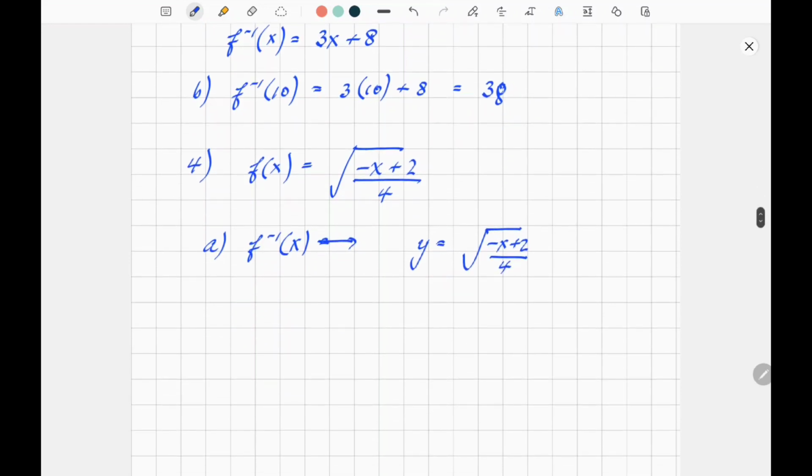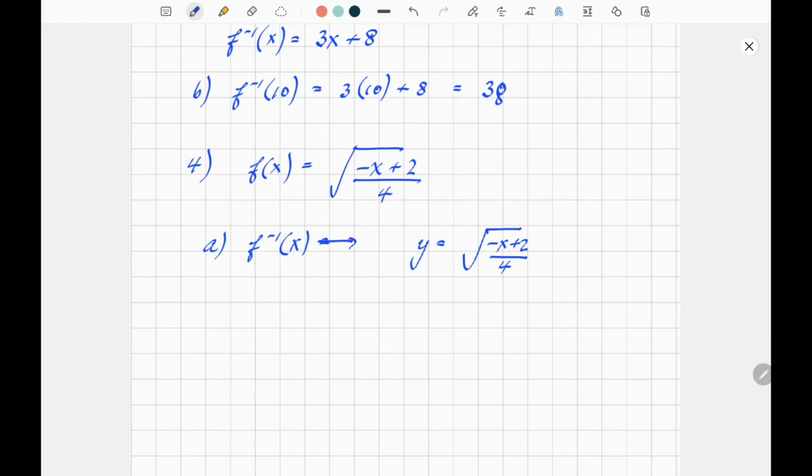First thing you need to do to get rid of the square root. What do you reckon you do? Square the y. If you want to get rid of a square root, what do you have to do? Square both sides.